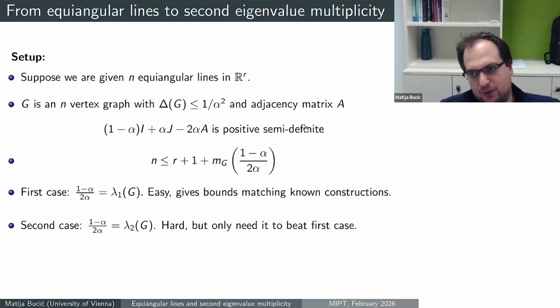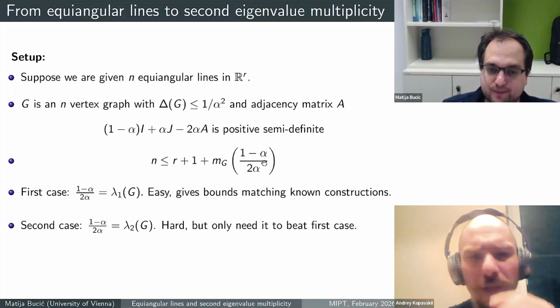Again, it's a few lines of algebra that I don't really want to do, but what it tells you is that you can assume that this 1 minus alpha over 2 alpha is precisely the second eigenvalue. For most of the argument it would go through pretty much the same if you assume it's whichever eigenvalue below second you wish, but it's cleaner to think about it as the second.